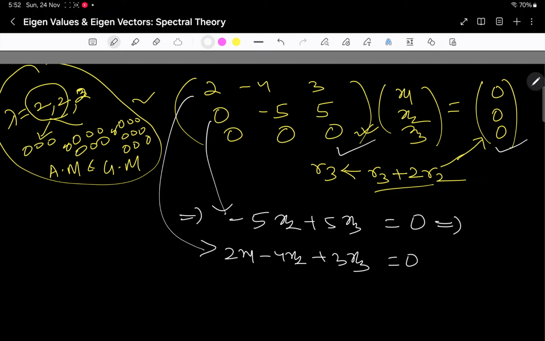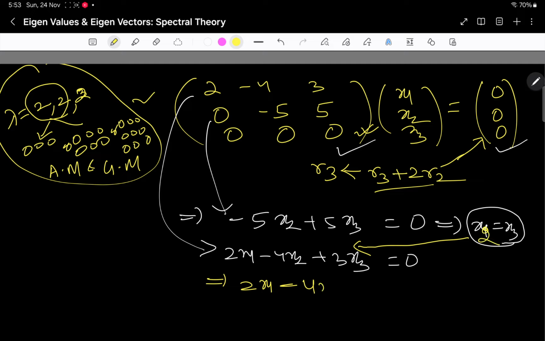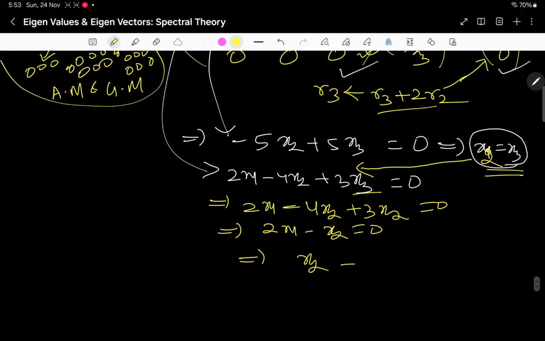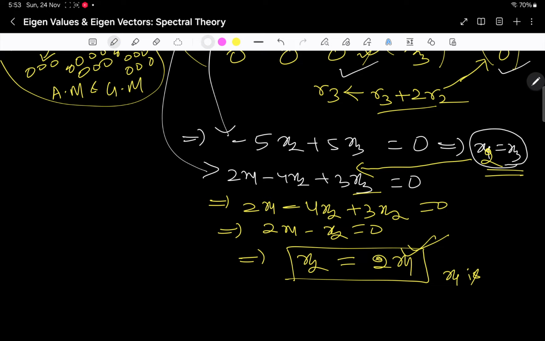If I solve it, x2 is equal to x3. Using it here, 2x1 minus 4x2 plus 3x2, because x2 is x3, is equal to 0. So 2x1 minus x2 is equal to 0. This implies x2 is 2x1, and x1 is independent.